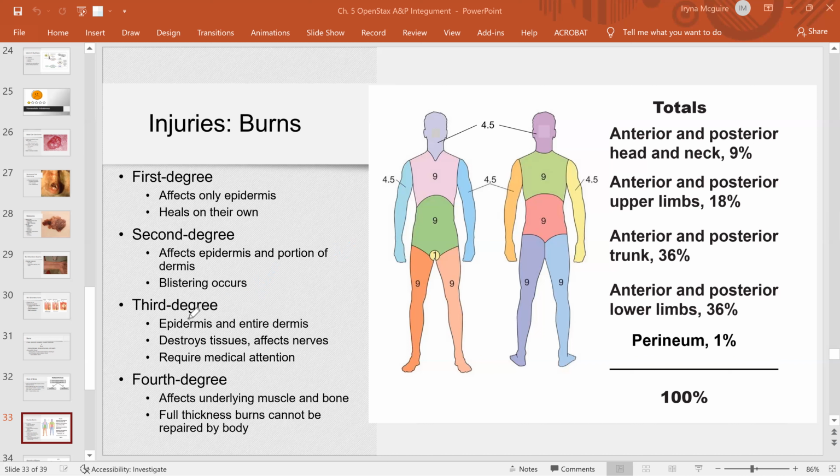Now, third degree, we have epidermis and entire dermis. That's pretty bad. It destroys tissue, it affects nerves, and it requires medical attention. And because it affects nerves, right? If your nerves are dead, you cannot feel pain. So third degree burn is usually not painful, right?